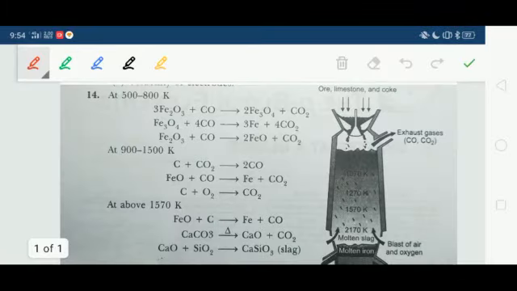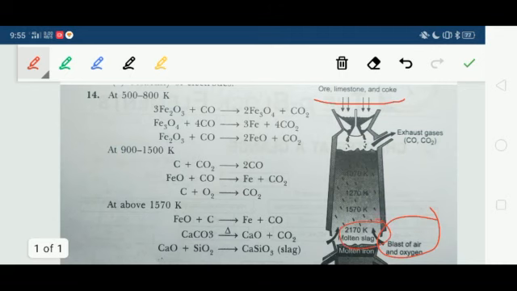Let's discuss the steps involved in the extraction of iron from iron ore. The extraction of iron takes place in a blast furnace where ore, limestone and coke are introduced from the top, whereas hot air is introduced from the bottom of the furnace. Coke is heated at the bottom of the furnace, due to which the temperature at the bottom reaches up to 2200 Kelvin.